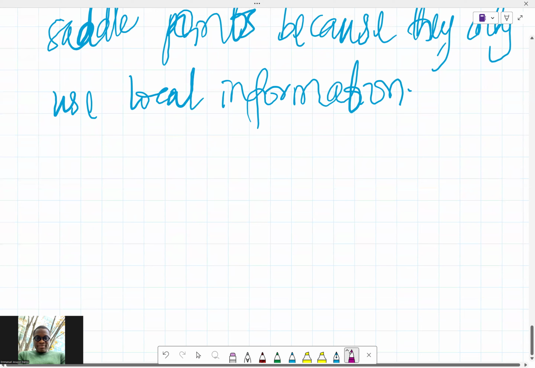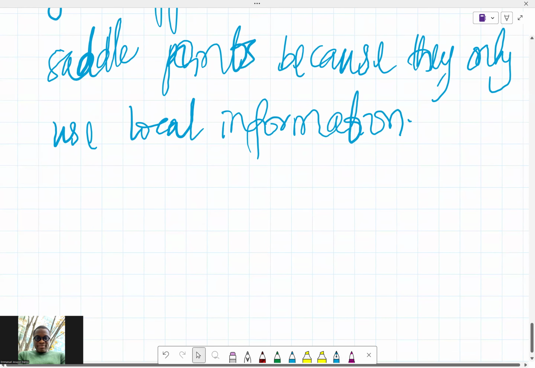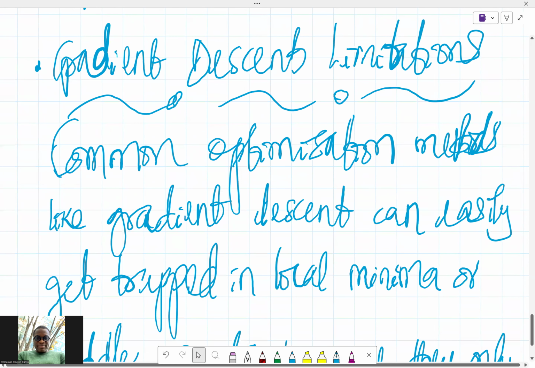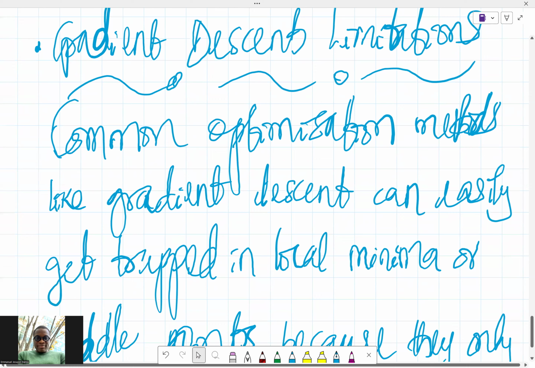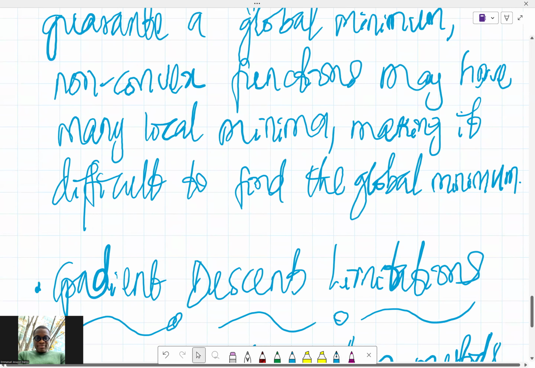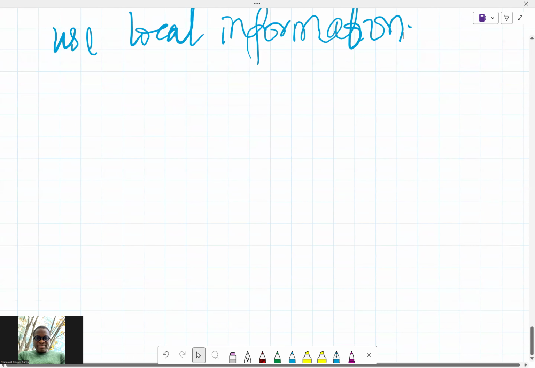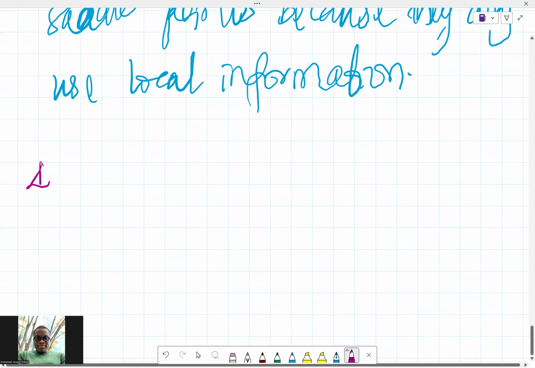So let's look at some methods for solving. We've talked about the challenges, right? That would be number three, so let's call this number four.